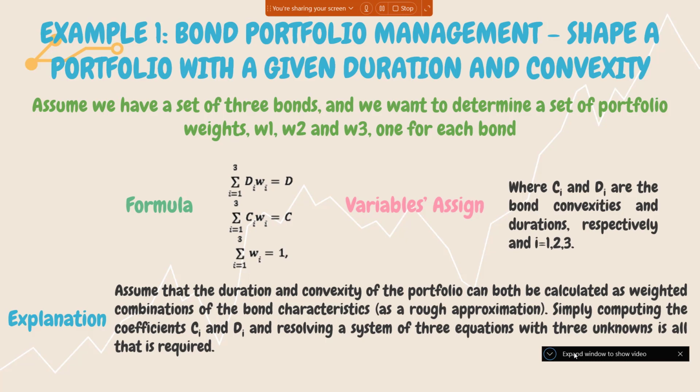This is a rough approximation, because this situation rarely occurs in the real world, so we just assume it as a rough approximation. Simply computing the coefficients Ci and Di, and resolving a system of 3 equations with 3 unknowns is all that is required.